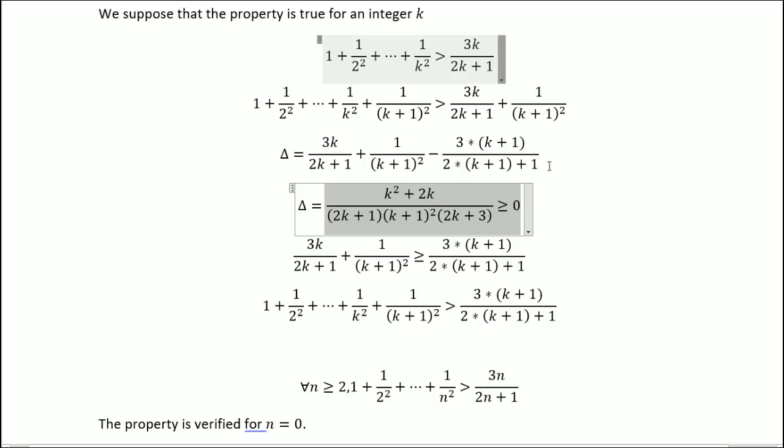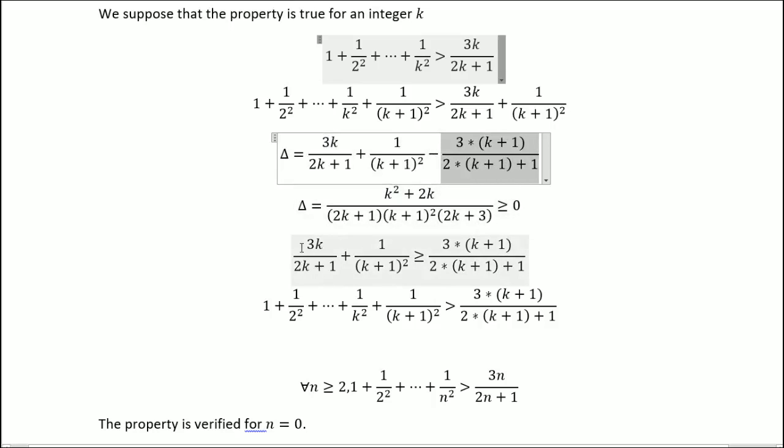So I then put that as being superior to this, since delta is positive. So I can say that this is superior to this.